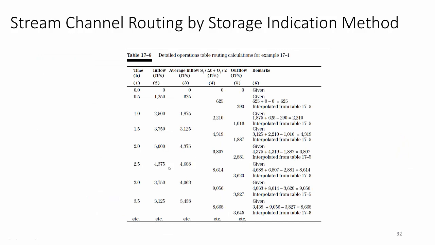We're used to these time step analyses at this point, where you have inflow, average inflow, and then we have storage 2 over delta t plus outflow 2 over delta t, and then you have outflow. And so you interpolate, and you can develop these routing tables, for example, 17.1.